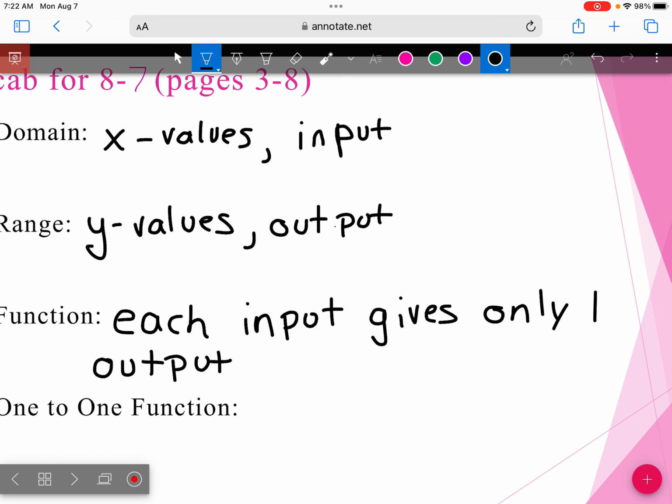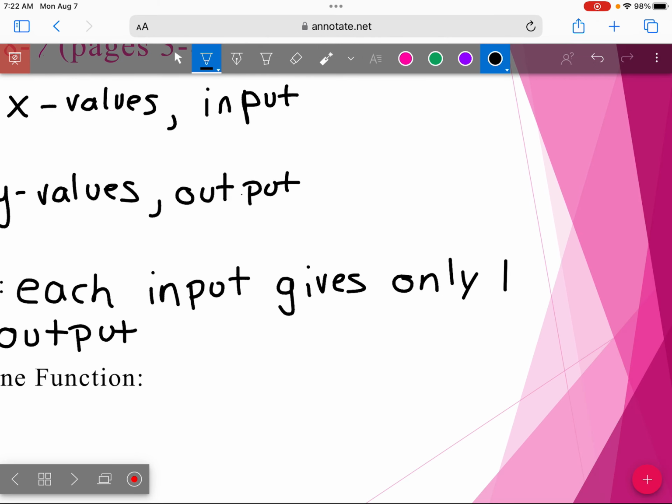That is honestly most things we've dealt with up until now. Like lines, parabolas even. The way we test if something is a function is called the vertical line test. If we have a picture, if we have a graph, we do the vertical line test.